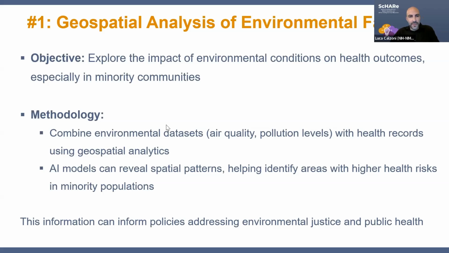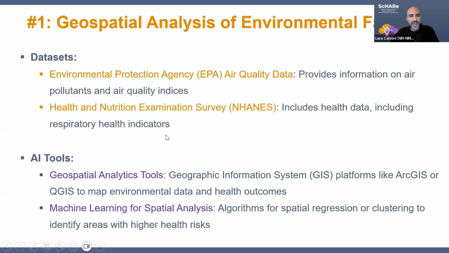And for each scenario, you can see that I've actually collected some of the data sets that we could use and some of the AI tools that could be helpful. So for example, in this scenario, it could be helpful to use the EPA data on air quality and this survey, the Health and Nutrition Examination Survey, which includes health data, including respiratory health indicators.